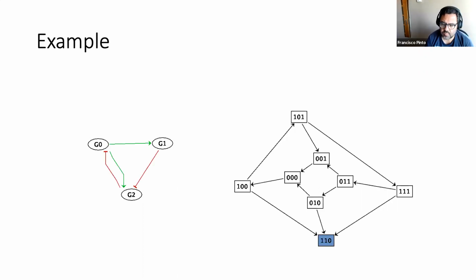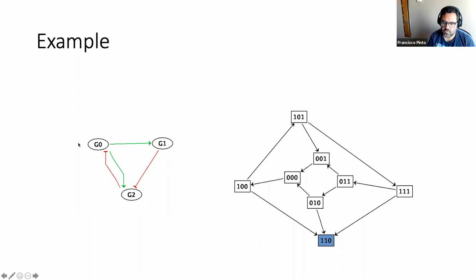So here's a small example. On the left is the regulatory graph. G0, G1, and G2 are the nodes, the components of the system, which are proteins. For example, G0 activates G1, G1 inactivates G2, and G0 activates G2, but G2 inactivates G0.